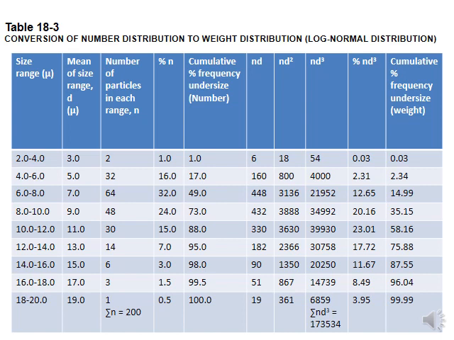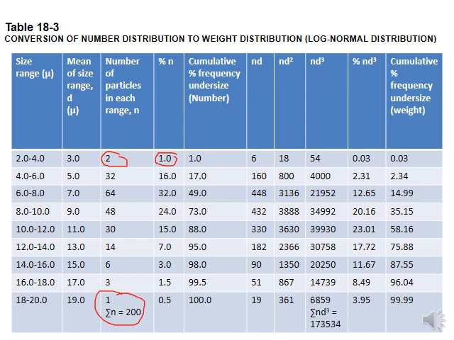This table shows how to convert number distribution into weight distribution and how to calculate the cumulative percent frequency under size as a number and as a weight. Percent n is calculated by dividing the number of particles, for example, by the total number of particles and multiplying it by 100 to get, for example, the 1% in this case.